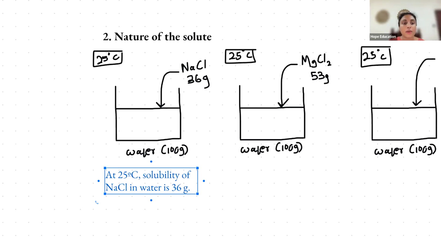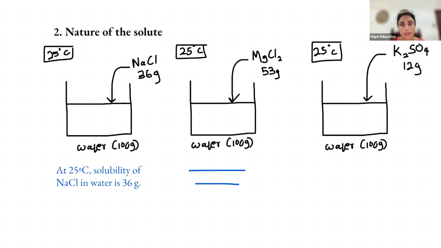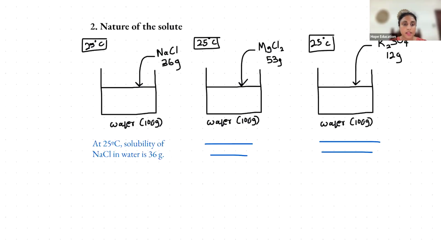Likewise, you can write the solubility statement for these as well. And then, let's write a small statement below. Start writing. Write number 2, nature of solid, draw these and write them.